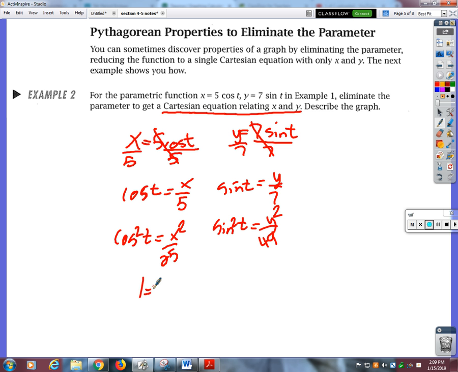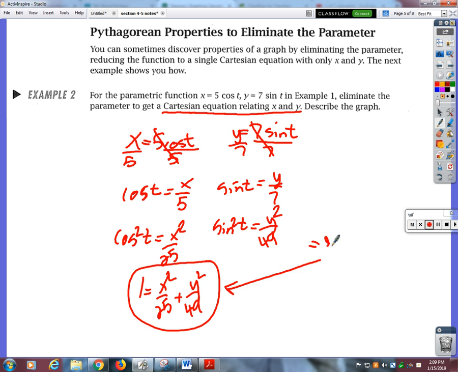And then if I add x squared over 25 plus y squared over 49, I just get x squared over 25 plus y squared over 49. What I have done right there is called eliminating the parameter. I got rid of the t. Does that make sense?